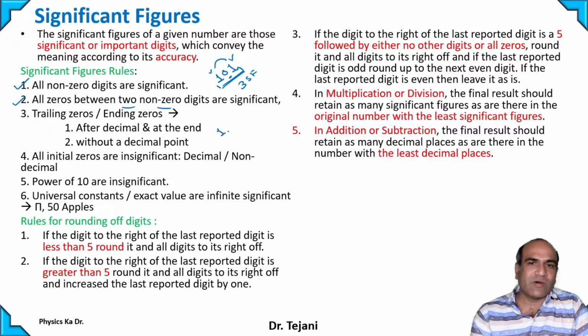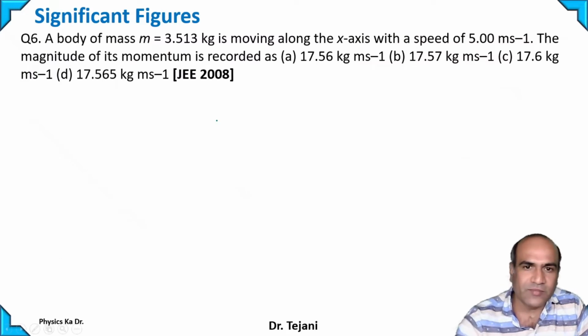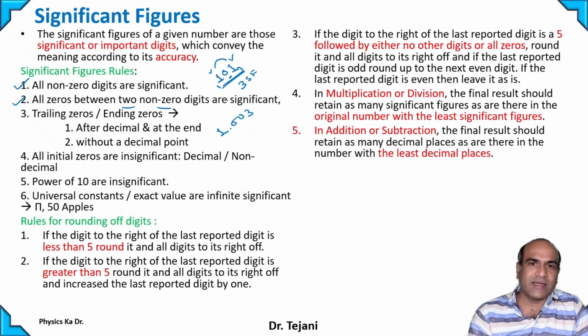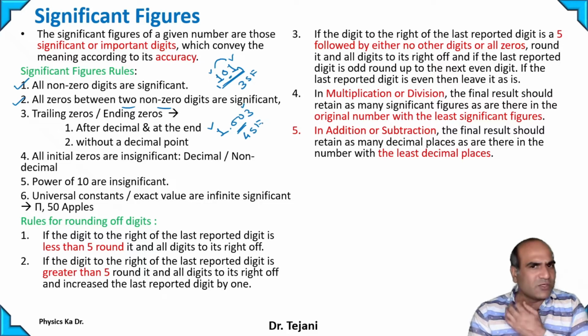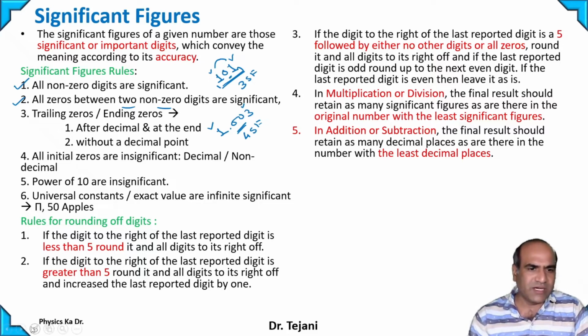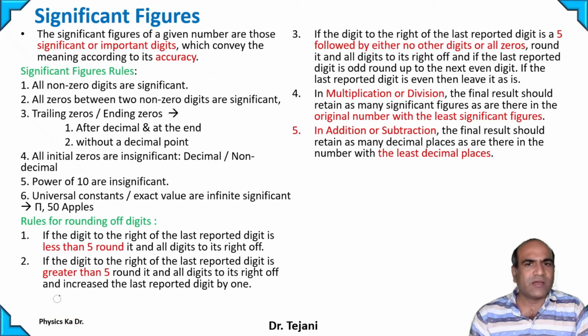Say for example 1.003. 1 is significant, 3 is significant, all in between must be significant, so it becomes 4 significant. This rule is also very simple, right? If it is trapped, then all should be significant.